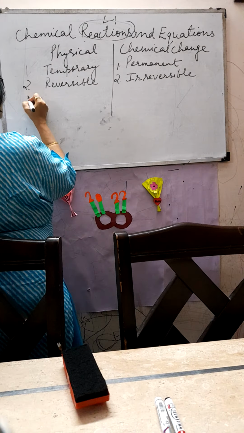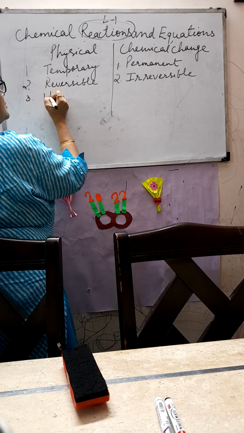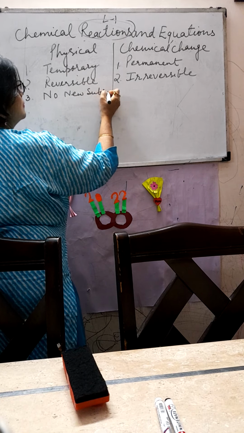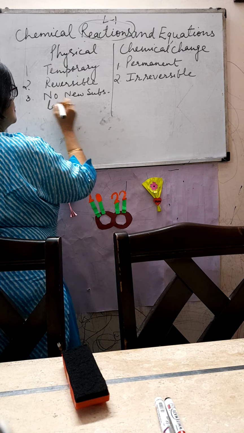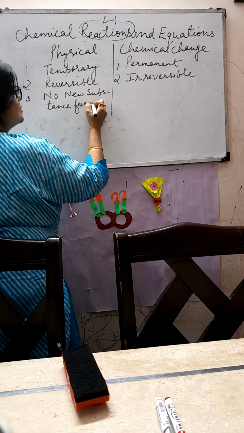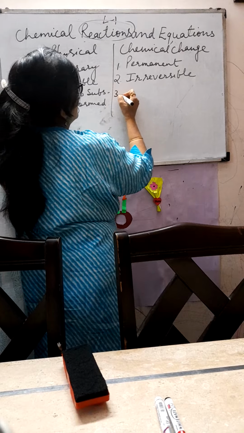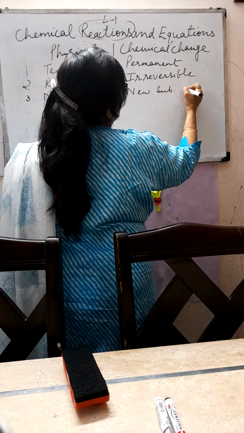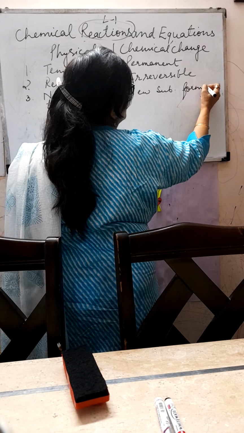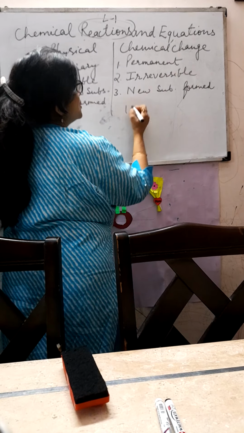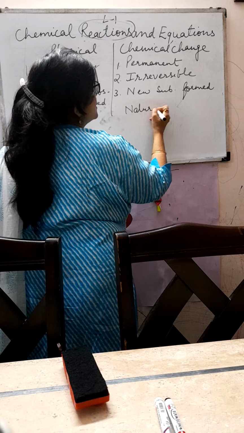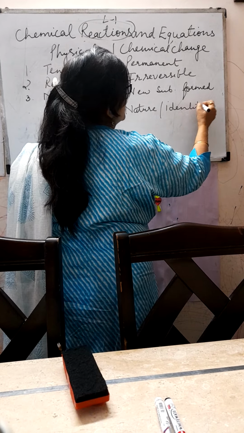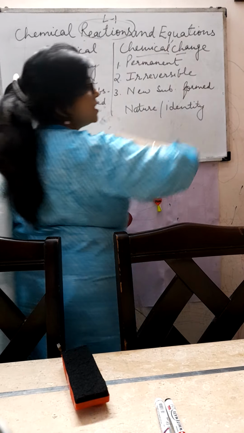And third, in a physical change there is no new substance formed, whereas in a chemical change, a new substance is formed. That means the nature and identity of the original substance is totally changed. This is what we are talking about, a chemical change.